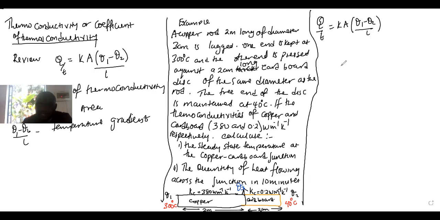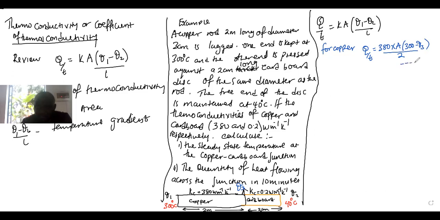Now, with that, for copper only, the rate of heat flow will be equal to the coefficient of copper times the cross-sectional area times 300 minus temperature θ3 out of the length of copper, which was 2 meters.